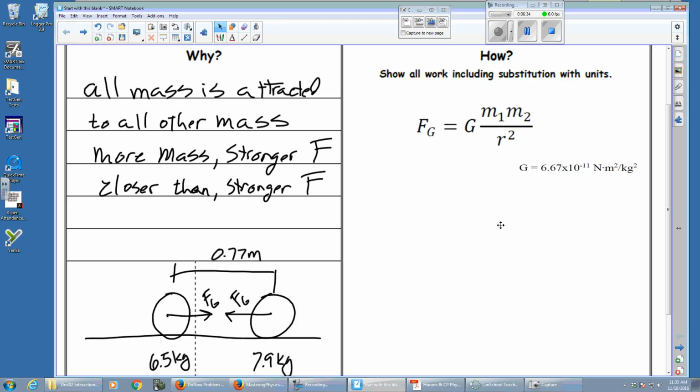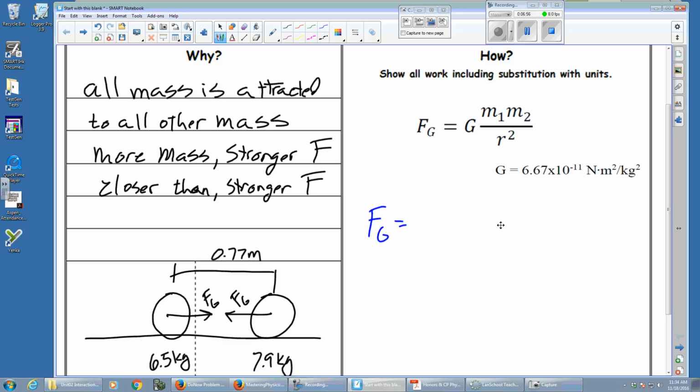Let's see. I want to know the gravitational force. I know big G. I know M1. I know M2. I know R. Oh, cool. It's just arithmetic: adding, subtracting, multiplying, dividing. So I'm looking for the gravitational force.